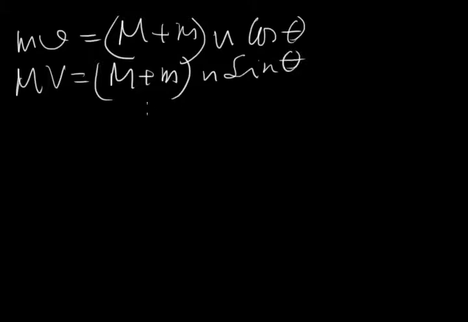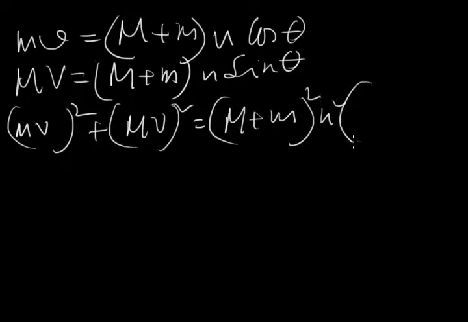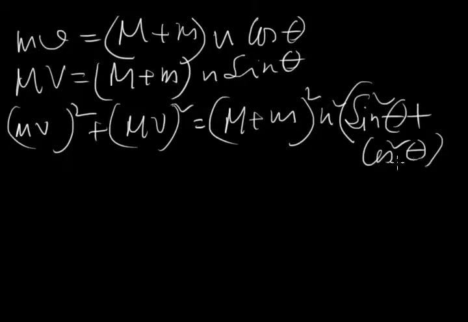Now you square and add. Once you square and add, you see, (mv) square plus (MV) square is equal to (M plus m) square u square, and that sin square theta plus cos square theta comes within the bracket, which happens to be 1.